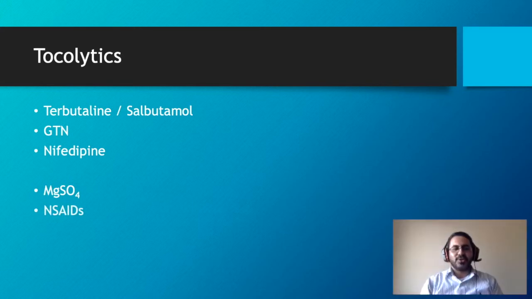Let's talk about how each one of them works. Do we know how terbutaline works as a uterine relaxant? It's a beta-2 agonist, so it stimulates the beta-2 receptors of the sympathetic system. Similarly, salbutamol, and before both of these, there was something called ritodrine. Okay. What about GTN?